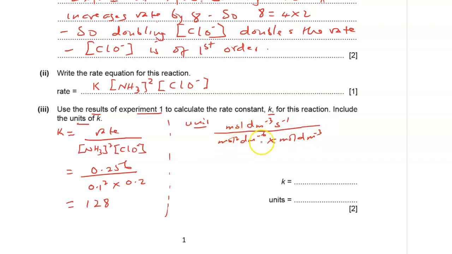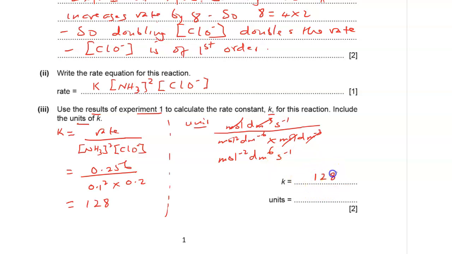So this will cancel, and this and this will also cancel. What you get here is moles raised to power minus 2 dm cubed raised to power 6 per second. So you can rearrange it the way you want.